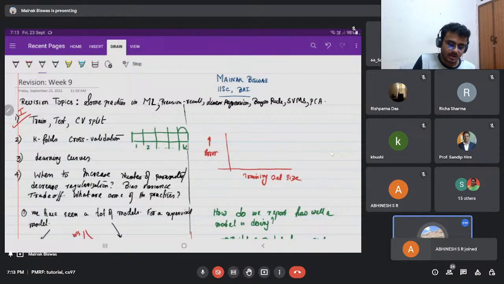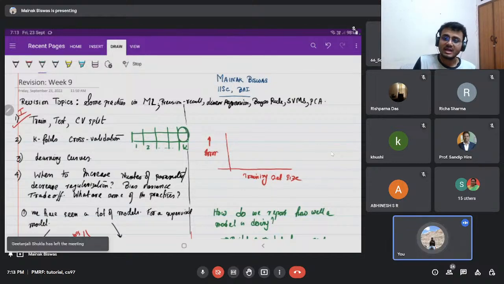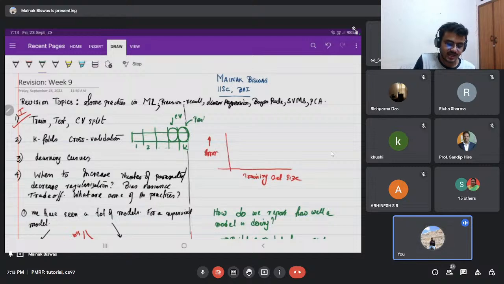You keep two, one as test and one as cross validation, and train on the rest, then use the cross validation and do the testing respectively, and you iterate. You select these two for all combinations. Say you select the test set first, j equal to k minus 1, and do k iterations.